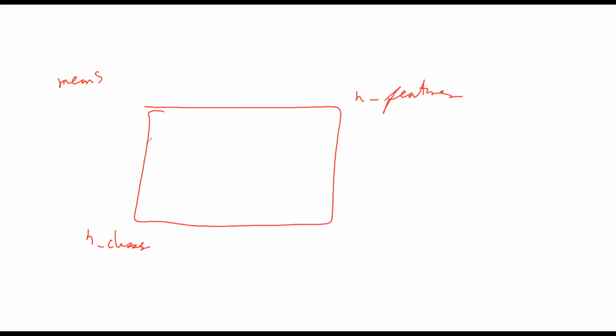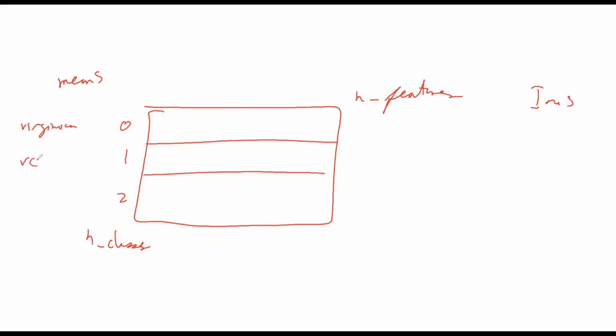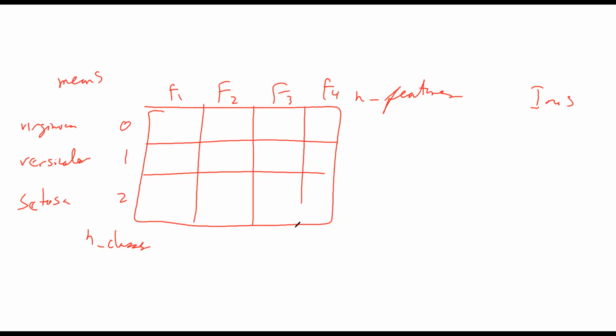N classes, if we're thinking about Iris, is going to be 0, 1, and 2. Or Virginica, versicolor, setosa. Right, those are the three classes. So for each class, we need a row. And then for each of the classes, we need to look at each of the individual features: F1, F2, F3, F4. So we're going to look at feature 1 for class 0 and calculate the mean.